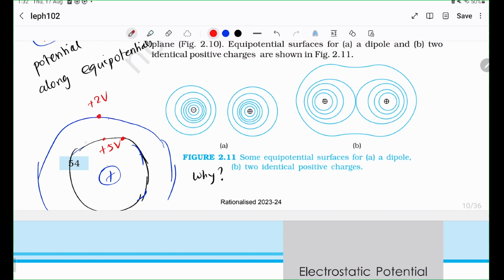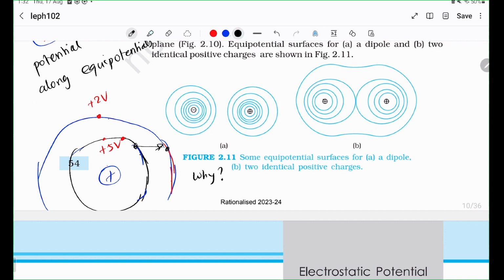So if this is a 5 volts equipotential and this is a 2 volts equipotential, what would be a way of descending the potential? What I mean by descending the potential is that you could go from here to here, right? You could travel a path like this.